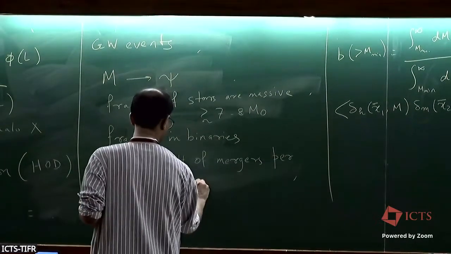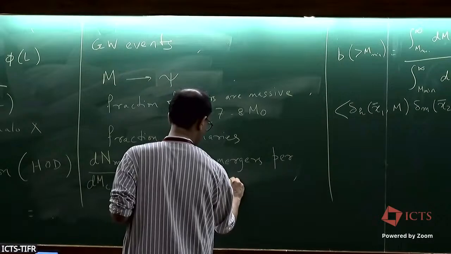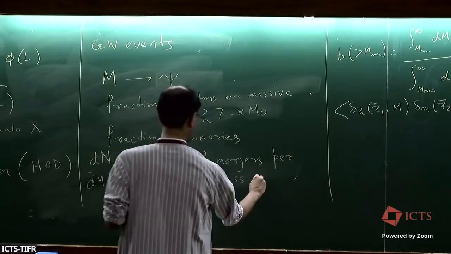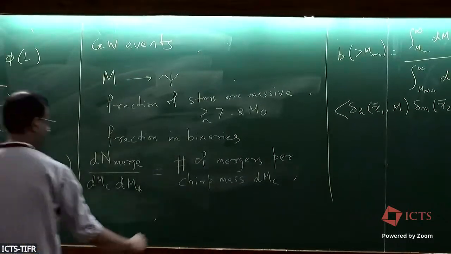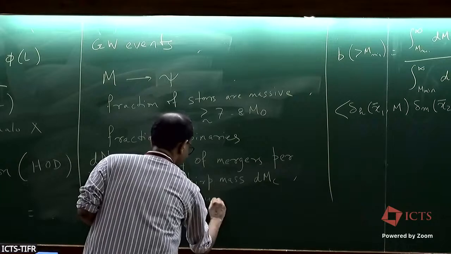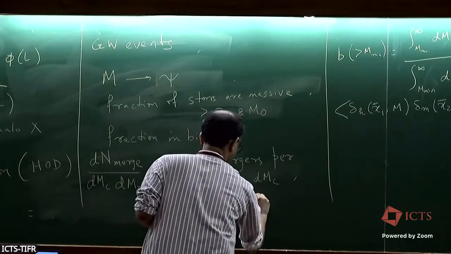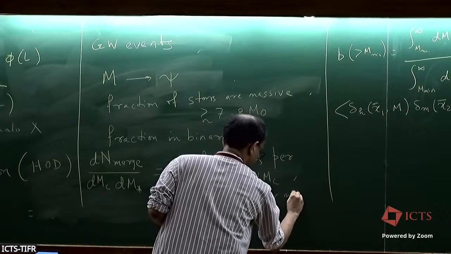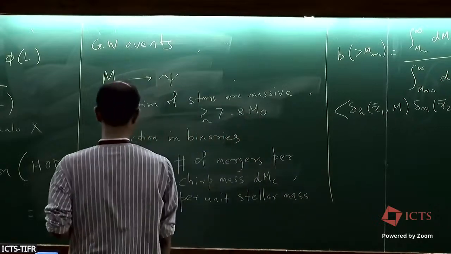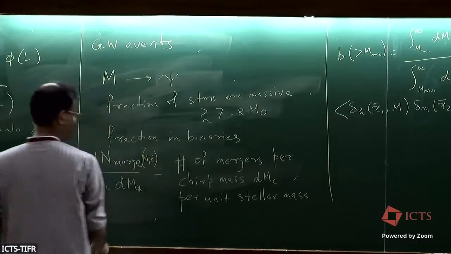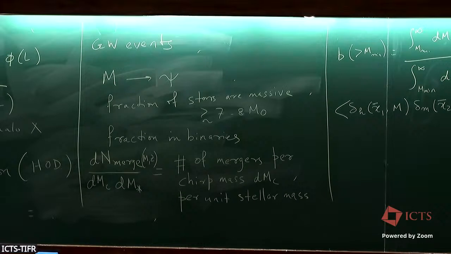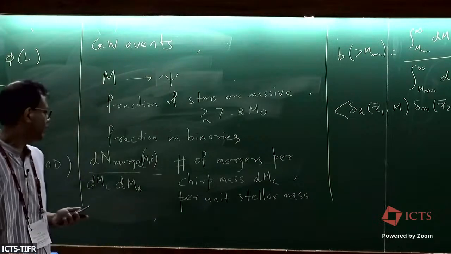Per chirp mass range, per unit stellar mass, at redshift z. This is all happening inside a halo of mass m at redshift z. So let us say this is the number of mergers per unit chirp mass range per unit stellar mass.